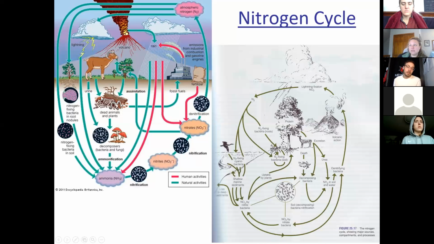We have fungus, but mostly it's a bacterial thing. We've got different types of bacteria that have different roles. Some will convert the atmospheric nitrogen into ammonia, some into nitrites, and some into nitrates, and they will return it to the root of the tree, the organism, so that it can uptake it.